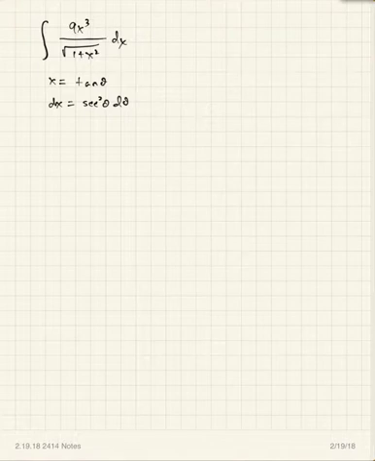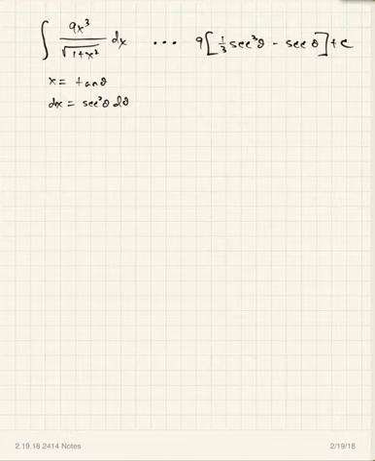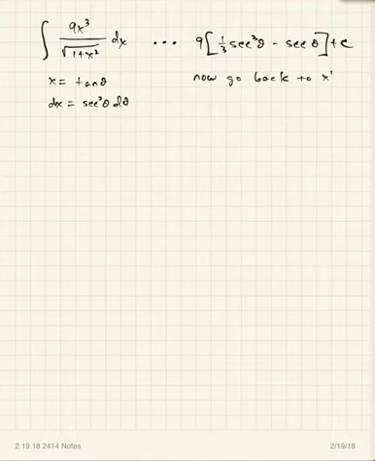After we made that substitution and found the antiderivative of that trig expression, we ended up with this form, 9 times 1/3 secant cubed theta minus secant theta, and then plus c. All right, so now what we need to do is go back to x's, but how? How do you do that?